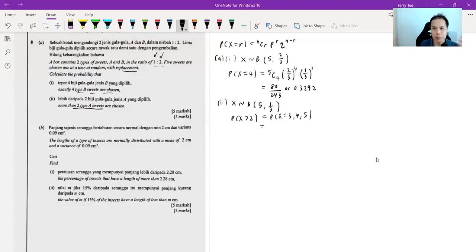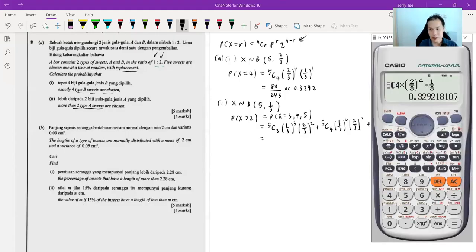For 3, it is 5C3, P is 1/3 power 3, Q is 2/3 power 2. 5 minus 3 is 2, this number is N minus R. Then we add 5 choose 4, 1/3 power 4, 2/3 power 1, and 5 choose 5, 1/3 power 5, 2/3 power 0.